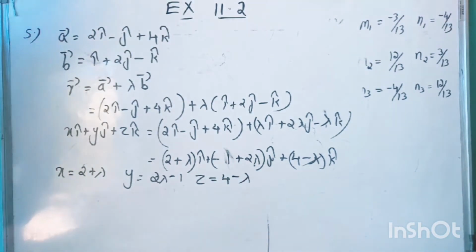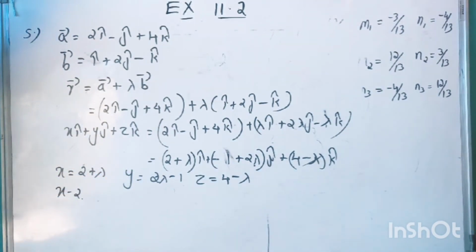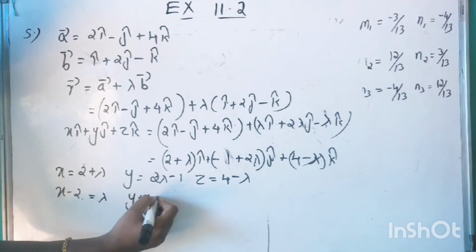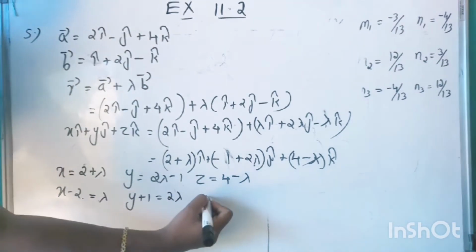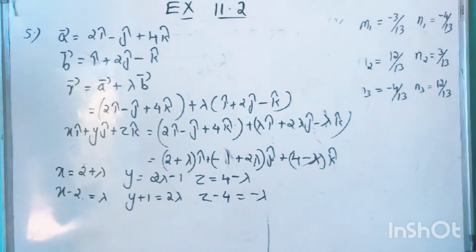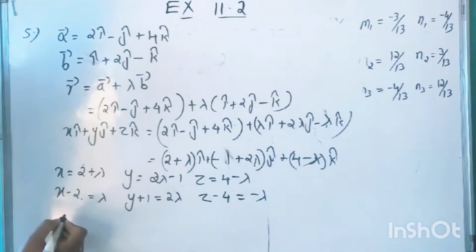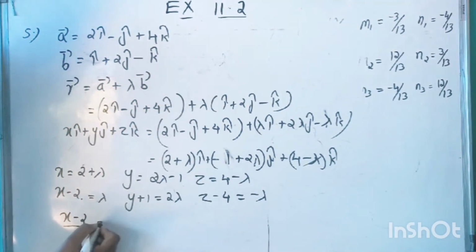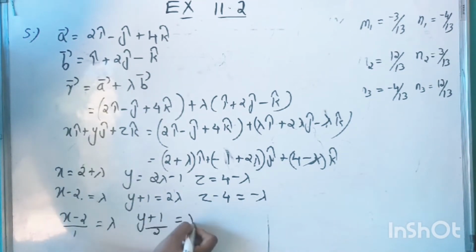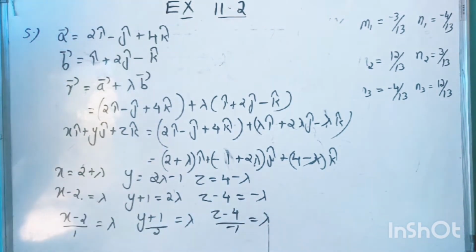And from this, x minus 2 is equal to lambda, y plus 1 is equal to 2 lambda, and z minus 4 is equal to minus lambda, that we will get. And this we can write as x minus 2 divided by 1 is equal to lambda, y plus 1 divided by 2 is equal to lambda, and z minus 4 divided by minus 1 is equal to lambda.